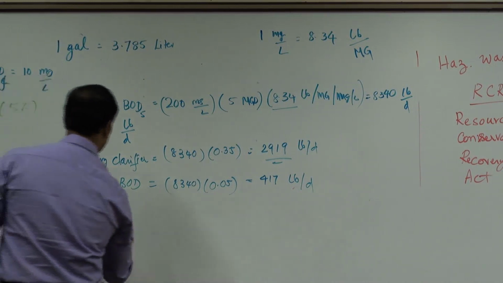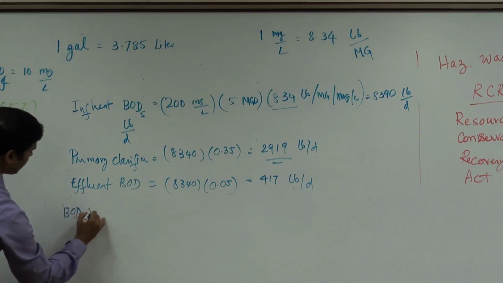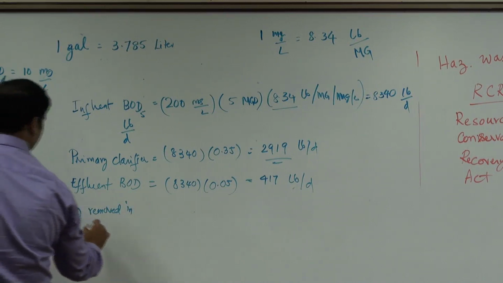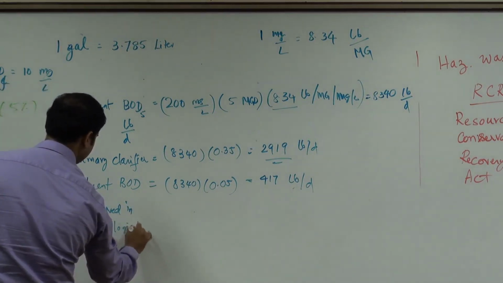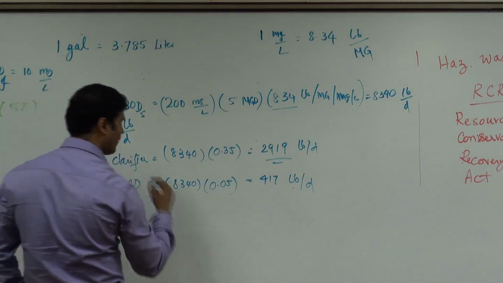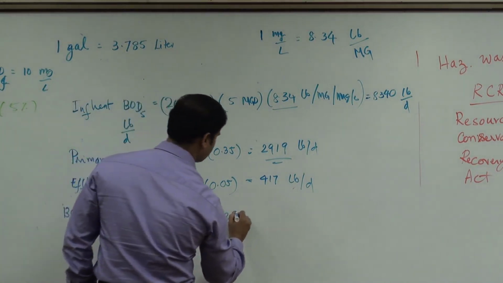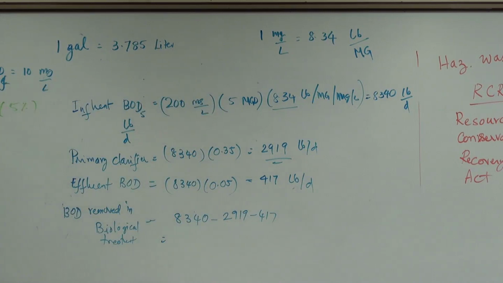So your BOD removed in biological treatment would be 8340 minus 2919 minus 417. That would be your answer.